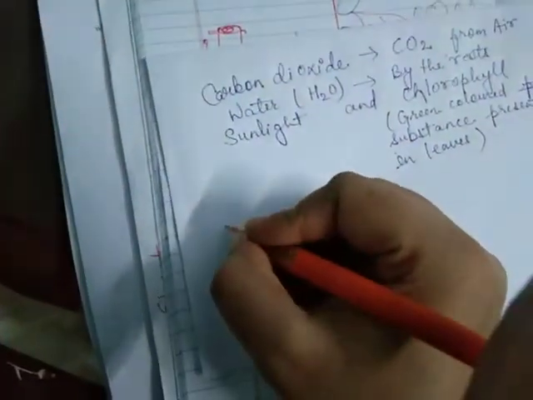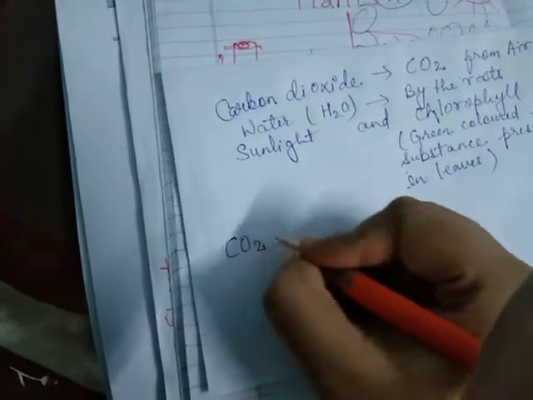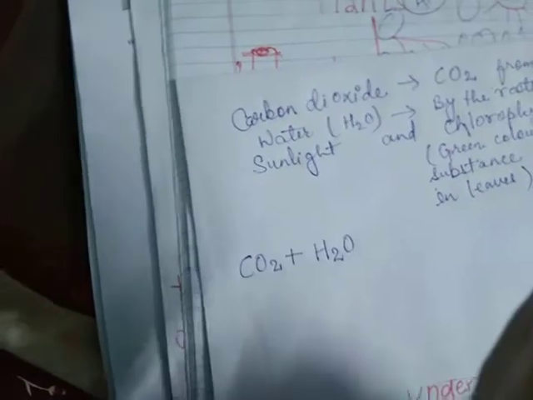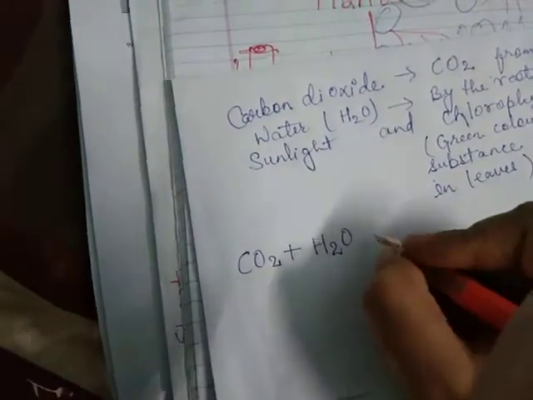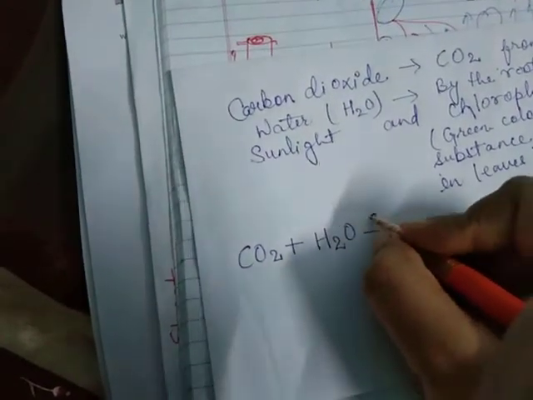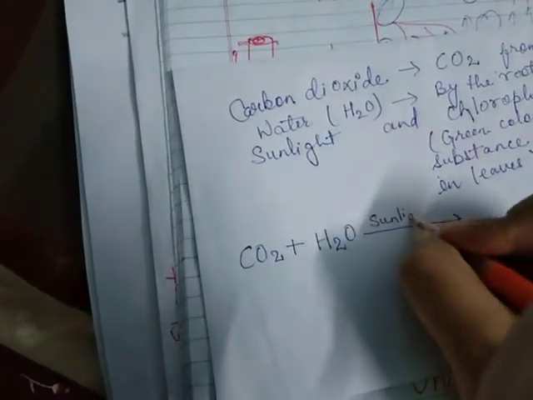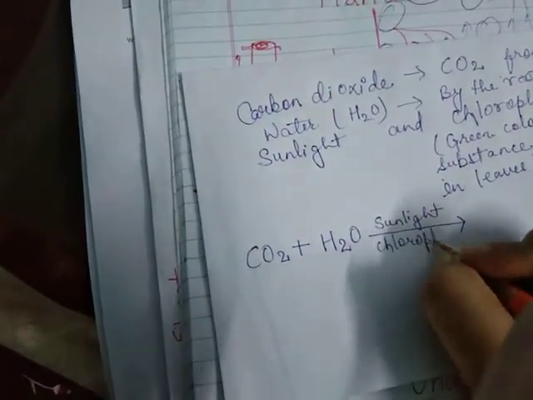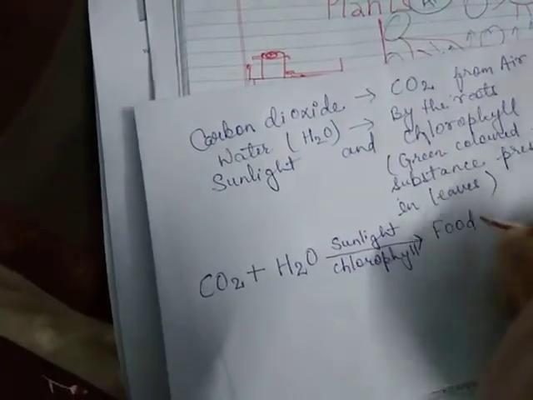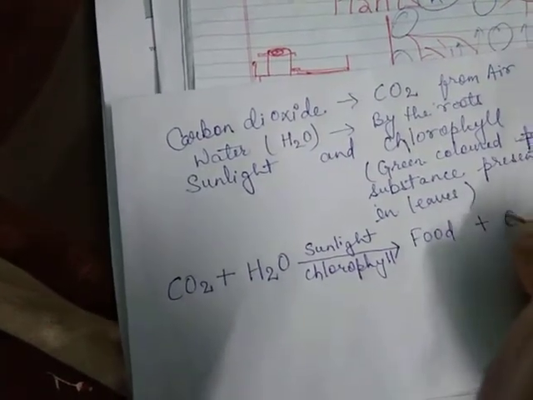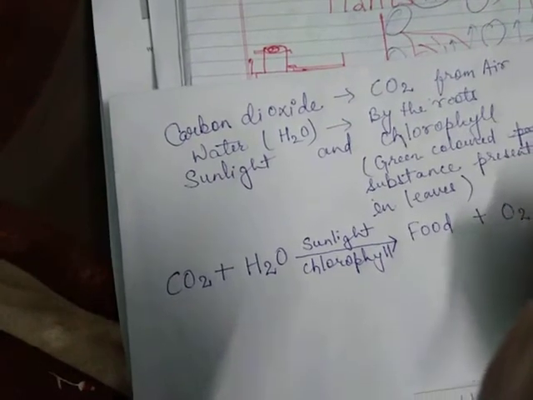Now see, CO2, that is carbon dioxide, when it mixes with H2O, that is water, in the presence of sunlight and chlorophyll forms food for the plant and releases O2.